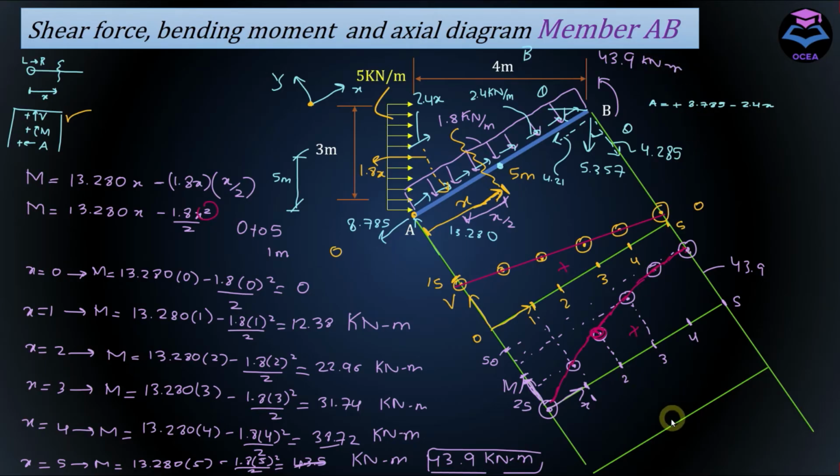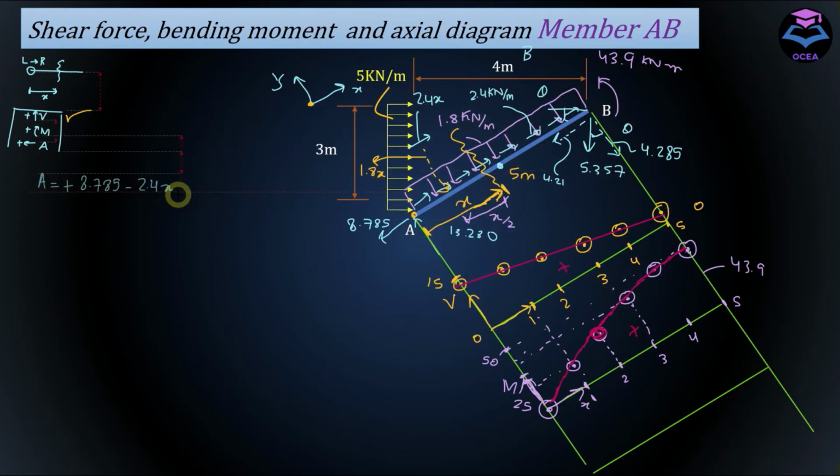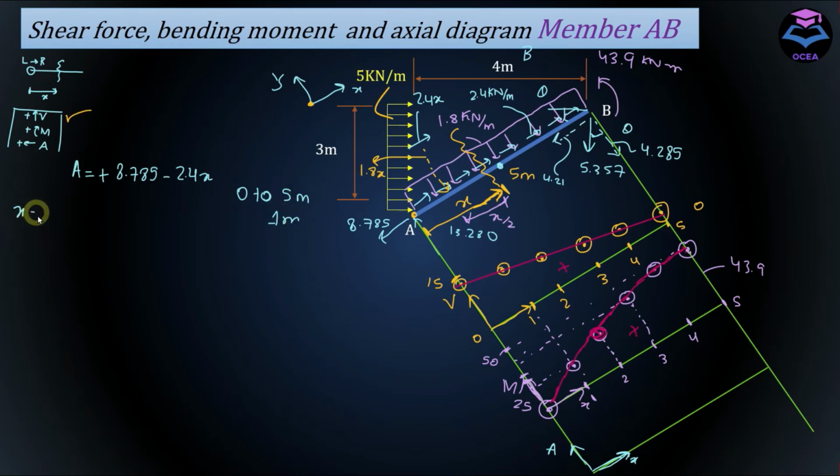And now, using the same concept, let's draw the axial force diagram for this member. As we did in the previous case, I'm going to substitute different values of x in this equation and calculate the value of axial force at 0 to 5 with an interval of 1 meter. So at x equals 0, 1, 2, 3, 4, and 5.